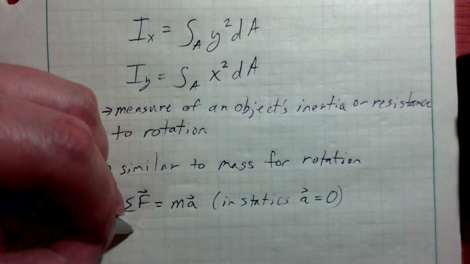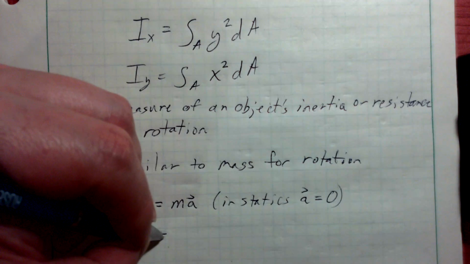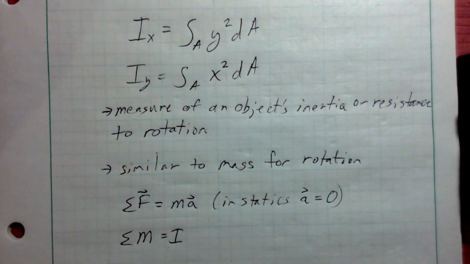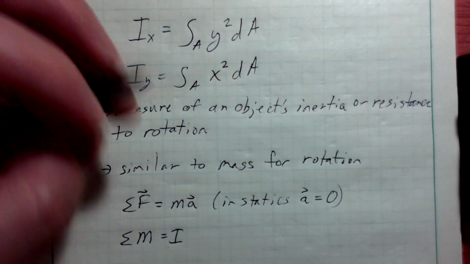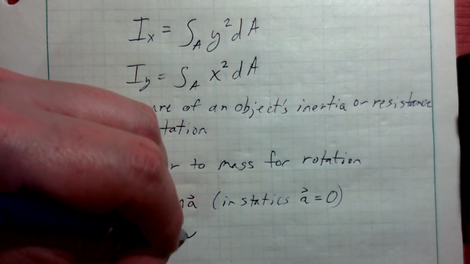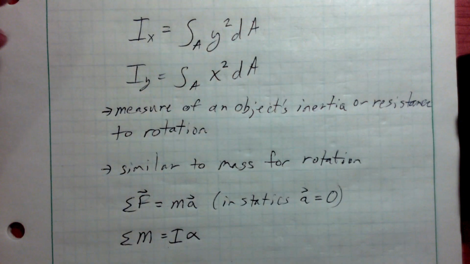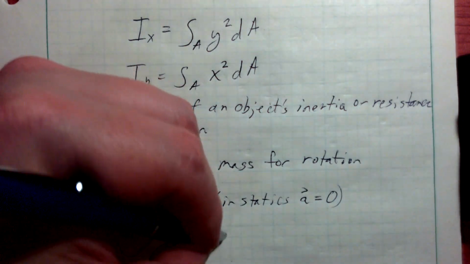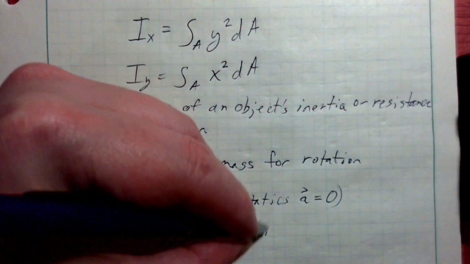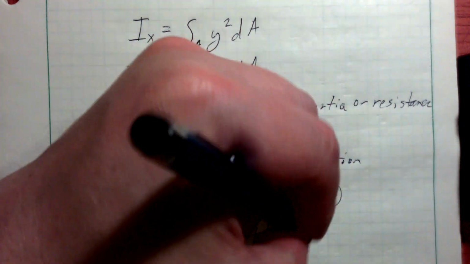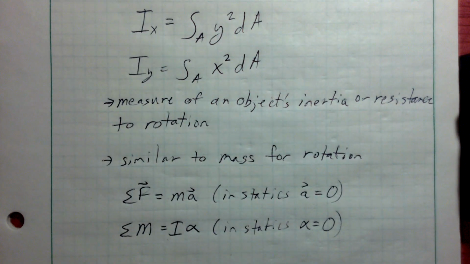Now, the sum of moments will be measured by the moment of inertia, the resistance to rotation, multiplied by the angular acceleration. Again, in statics, we're assuming that nothing's changing with respect to time, nothing's accelerating.